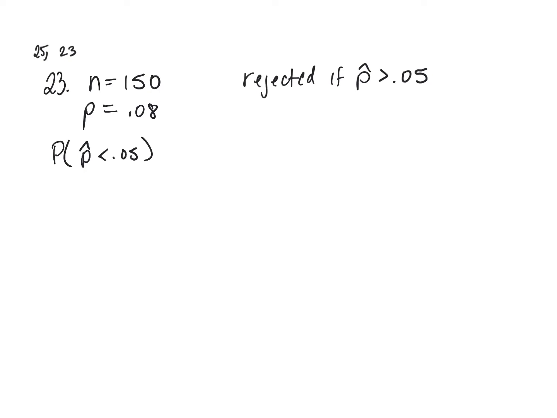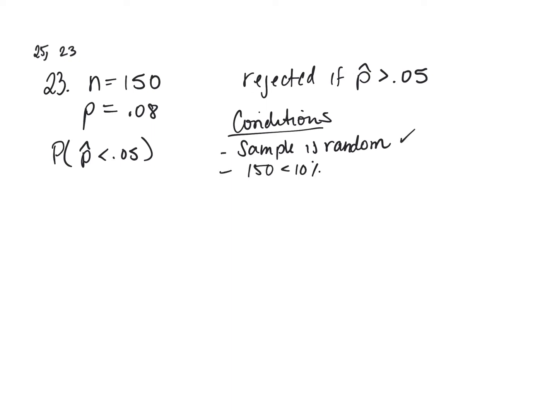Okay. So we need to check our conditions. The sample is random. They tell us that. 150 is less than 10% of all the apples. Okay. And then 150 times 0.08, greater than or equal to 10.